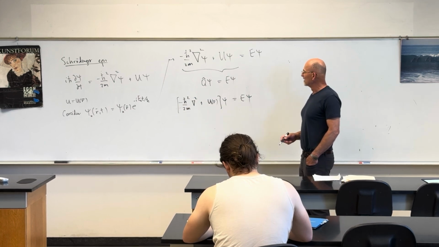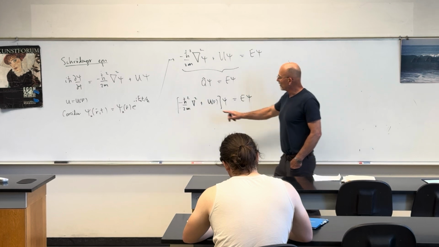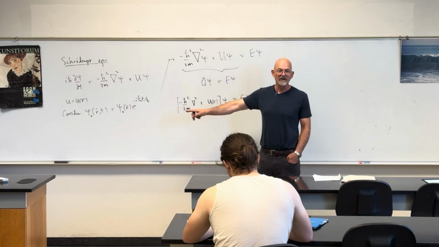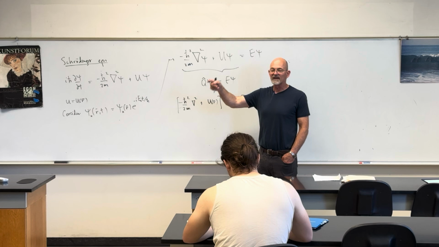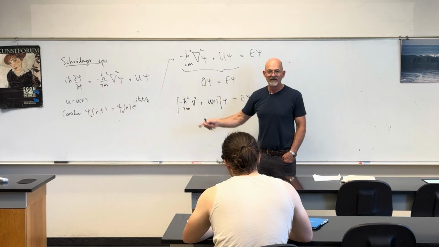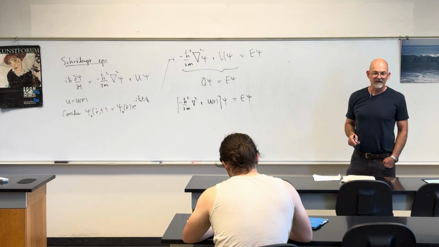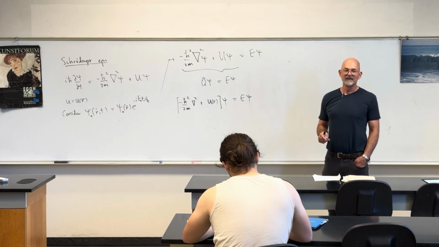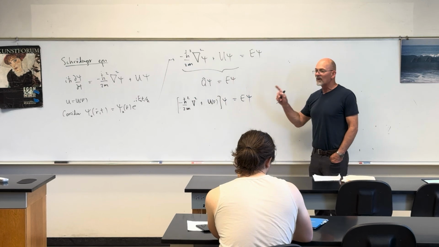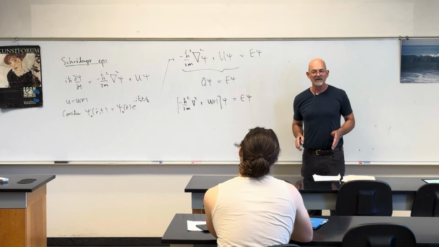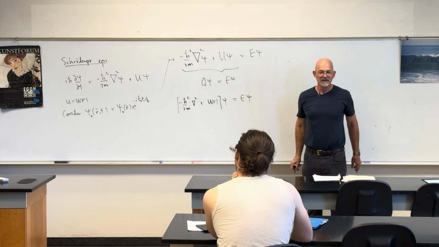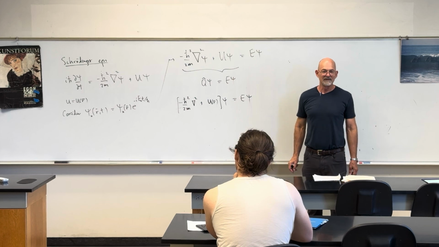Everybody know del squared in Cartesian coordinates, second derivative x, y, z, summation. What if this were the linear harmonic oscillator? Let's just wing it. If you see it in a book, it'll look different, but if this were the linear harmonic oscillator on the real axis, what would the operator be?